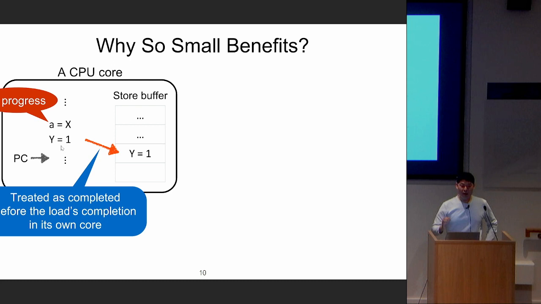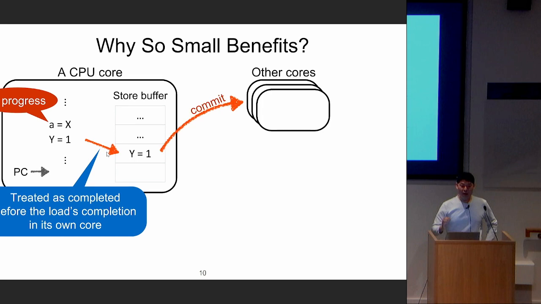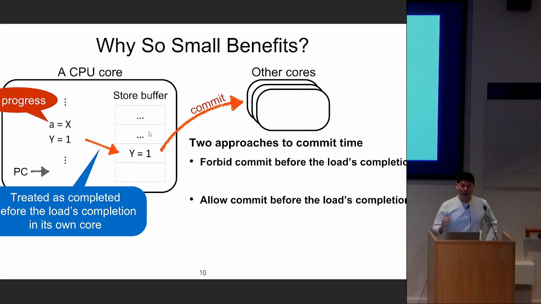That's the point. Internally, the CPU's in-core optimizations are all done, okay? Let's keep executing. But the point is when y equals 1 is flushed to the cache so that other cores can see it, there are two choices. You wait until the preceding loads are all completed and then flush it, or you flush it before they are completed, right?